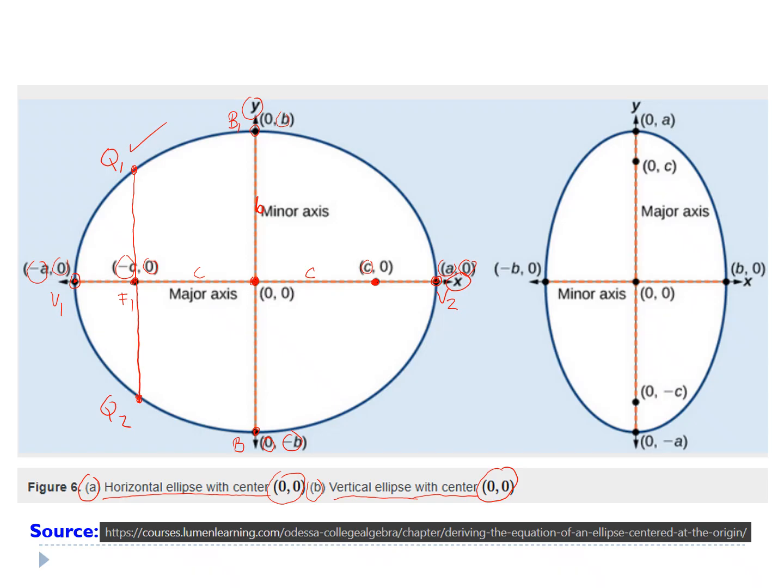So this length is the length of the latus rectum, and we have another latus rectum here, also passing through focus 2, F2, perpendicular to the major axis.